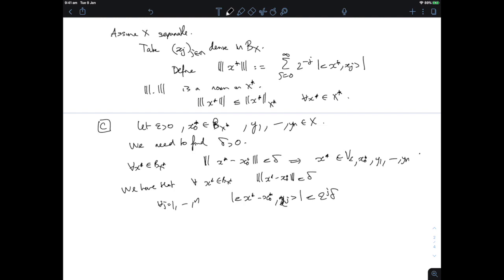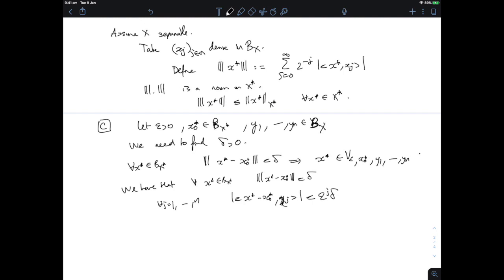Now it's x_j, not y_j, but I can find an x_j sufficiently close to a y_j, because the x_j, remember, are dense in the unit ball B_X. And I should have said that without loss of generality, the y_j I'm taking here can be taken in B_X, defining that neighborhood.